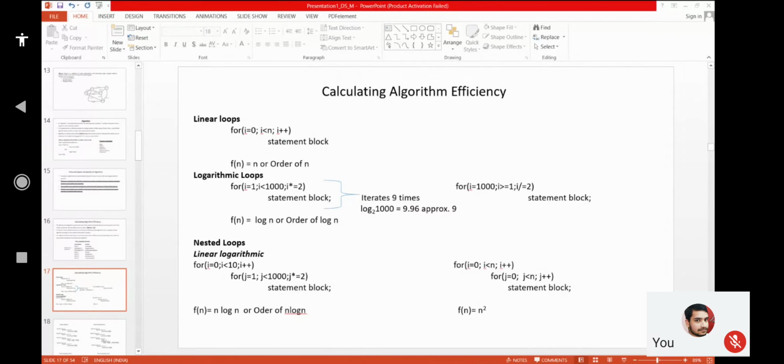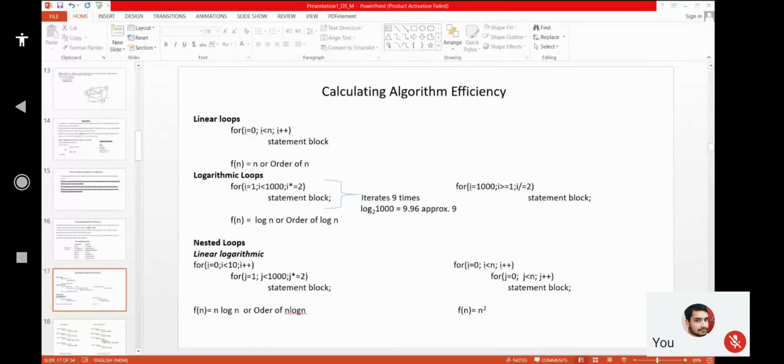Next, suppose the loop is like this. For i = 0, i < 10, i++, and within that j = 1, j < 100, j = j * 2. One mistake is there here also.